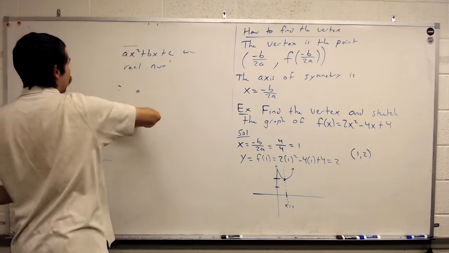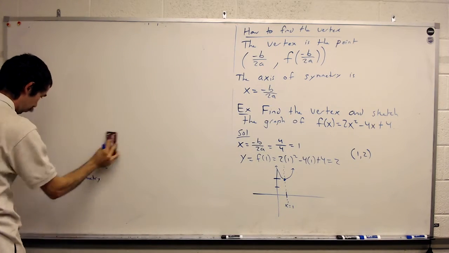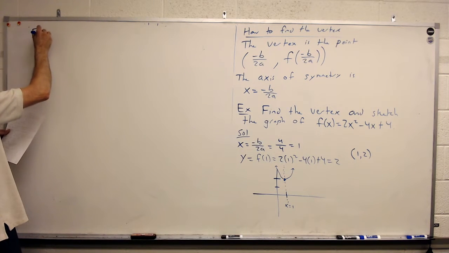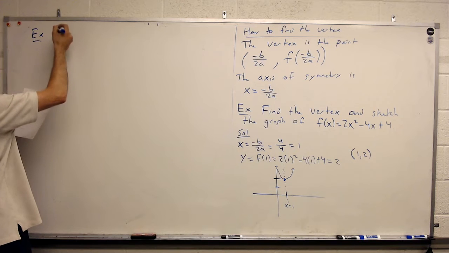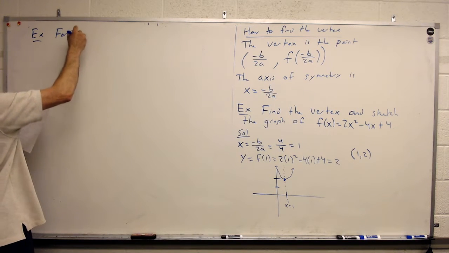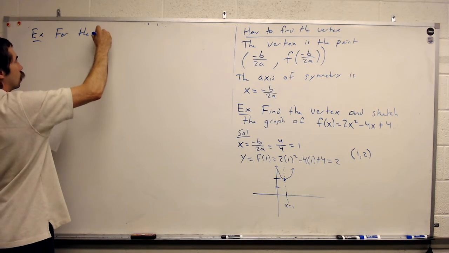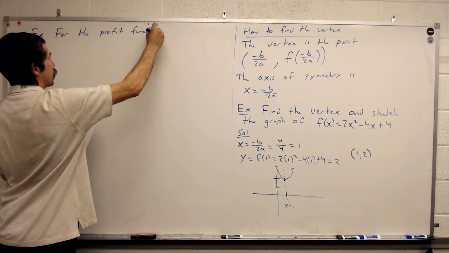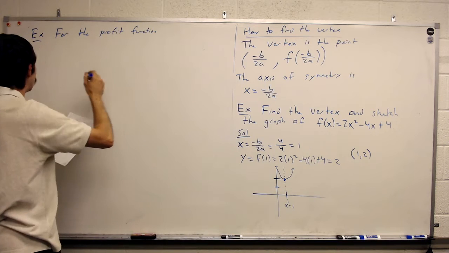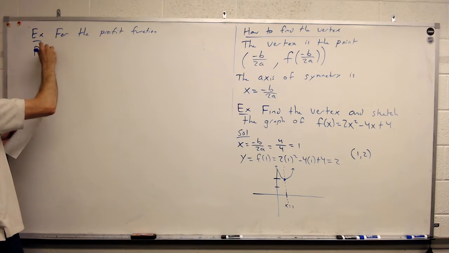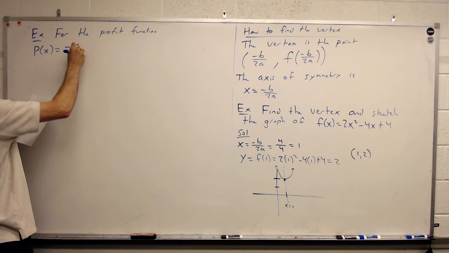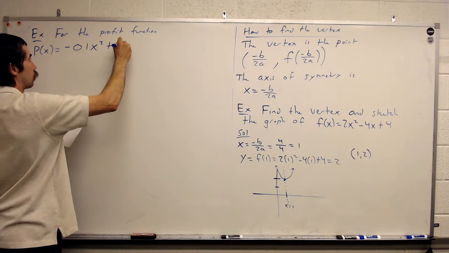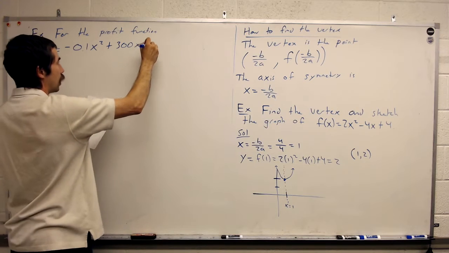So let's look at an application now. So suppose we have a profit function. Suppose we have some business and we have a profit function given by p of x equals negative 0.1 x squared plus 300x minus 1200.